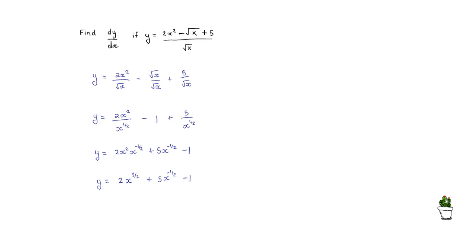So we're going to have 2 times 3 over 2, times x to the exponent 3 over 2 minus 1. This is plus minus 1/2 times 5 times x to the exponent minus 1/2 minus 1. And obviously the derivative of negative 1 is going to be 0, because that's a constant.